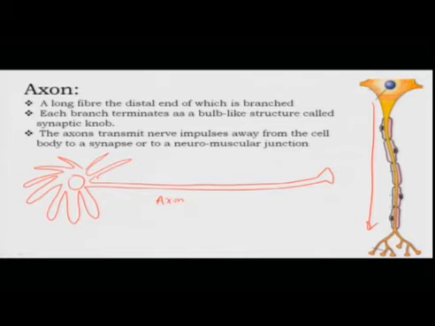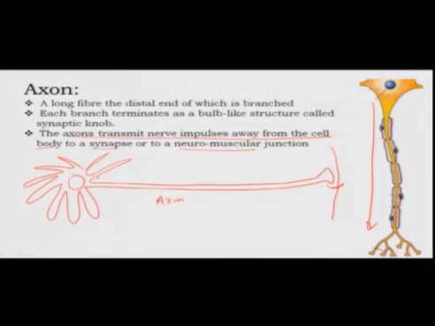By rule, the axon always transmits the nerve impulses away from the cell body towards a synapse or what is known as a neuromuscular junction. Sometimes these neurons do not communicate to another neuron, instead they communicate to a muscle. So, in that case the synapse is known as a neuromuscular junction.